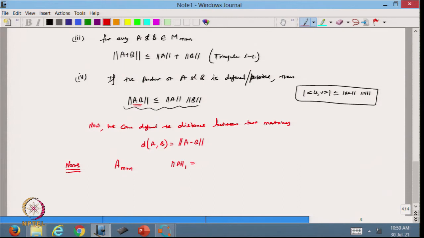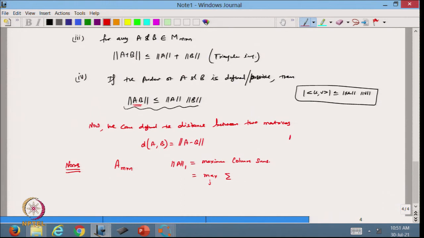Similarly I am defining the norm 1, and here the one norm is the maximum column sum. I am taking the maximum over j of the summation.